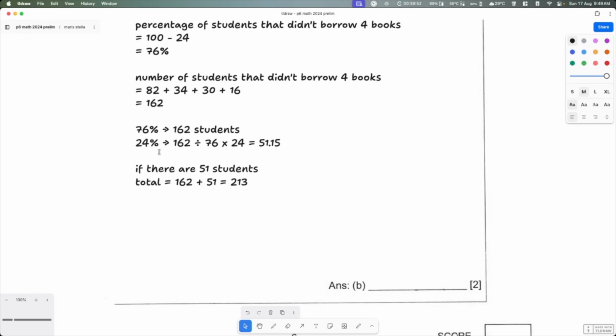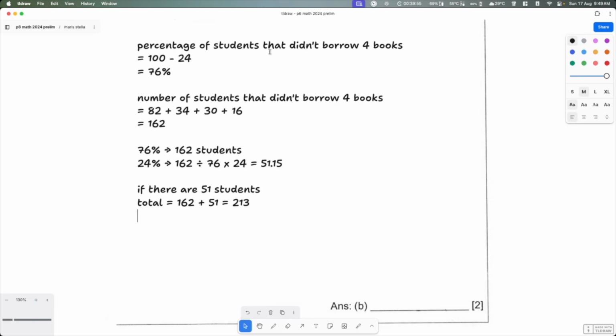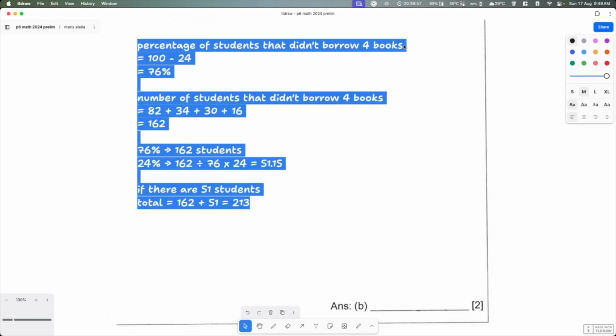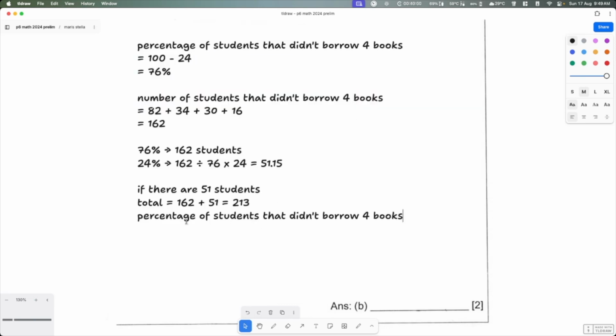And then the percentage of students who borrow 4 books, if there are 51 students that borrow 4 books, will be 51 divided by 213 times 100%. Okay, and what percentage would that be?